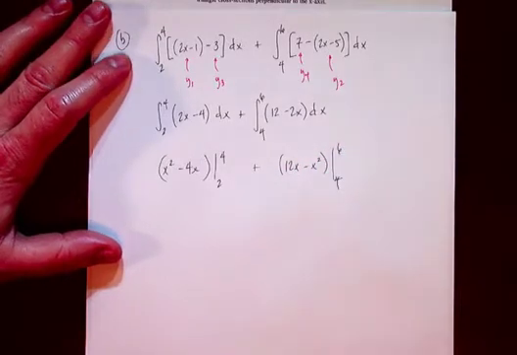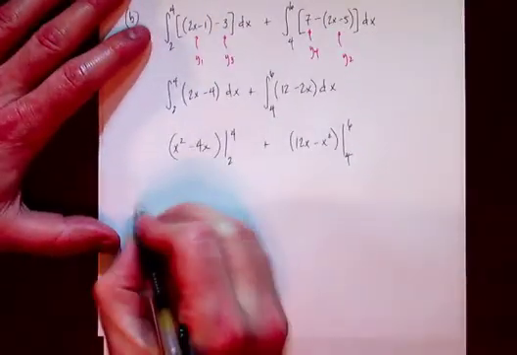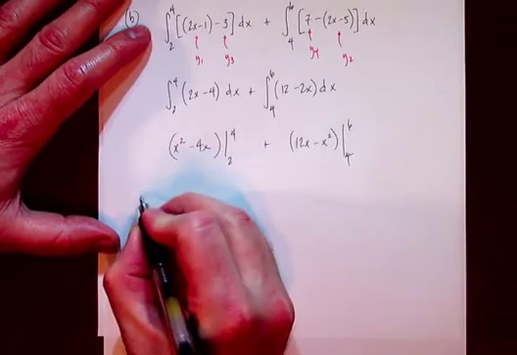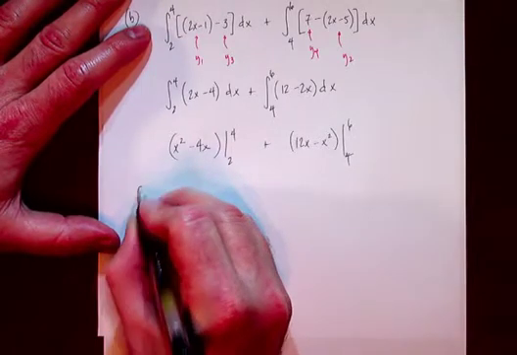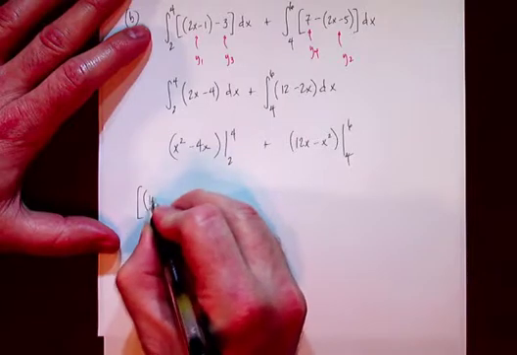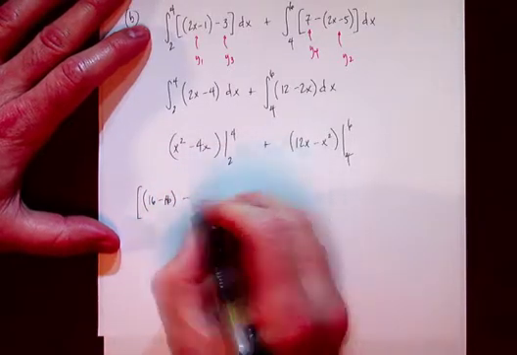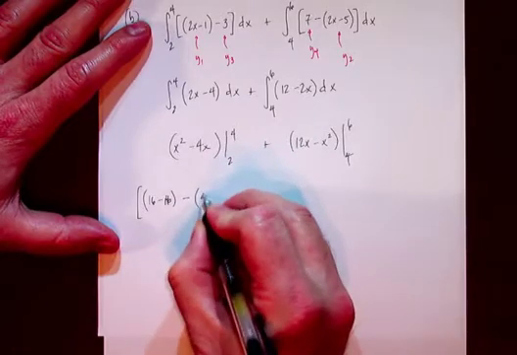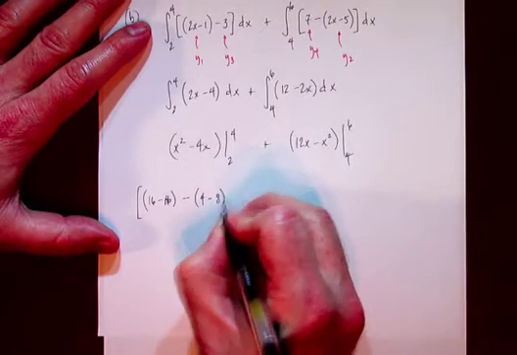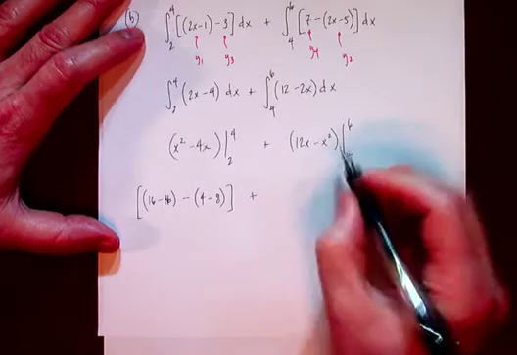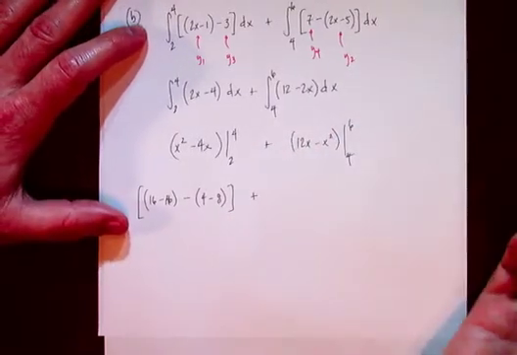Whew. Okay, now let's make sure I don't mess this up. Okay, let's do 4 squared minus 4 times 4. 16 minus 16, and then 2 squared, 4, minus 2 times 4, 8, okay? And then I need to go ahead and do this one as well, right?